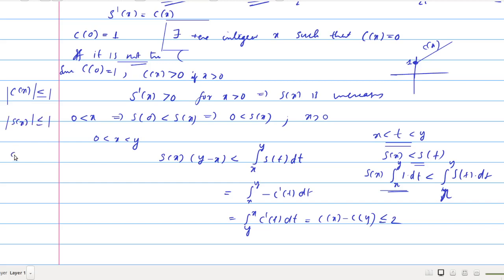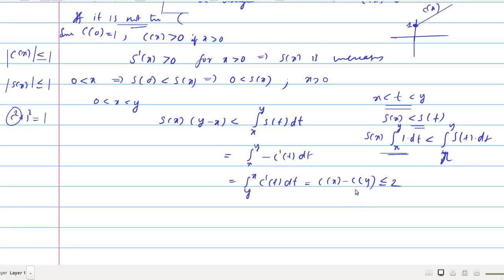Using that fact, and the triangle inequality as well, the difference of these two quantities is always less than or equal to 2.